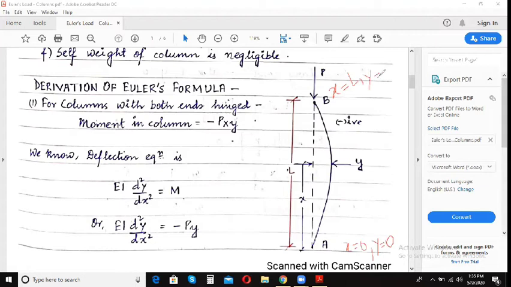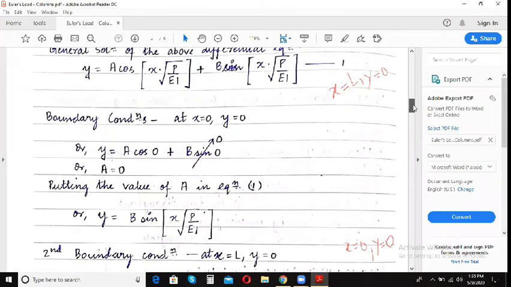Y is again 0 at point B. So these are my two boundary conditions. We are going to implement these boundary conditions in our general solution, and subsequently calculate the buckling load or the Euler's load. Clear? Now let's go down.